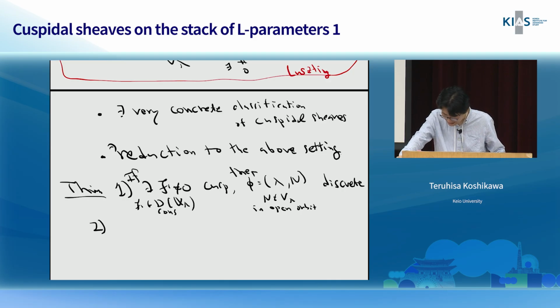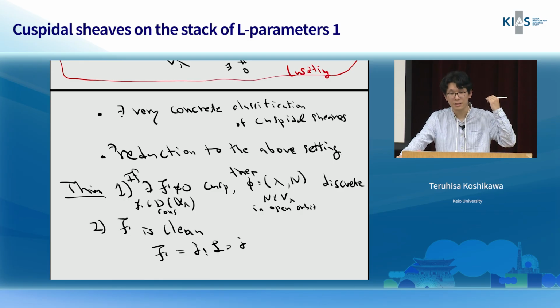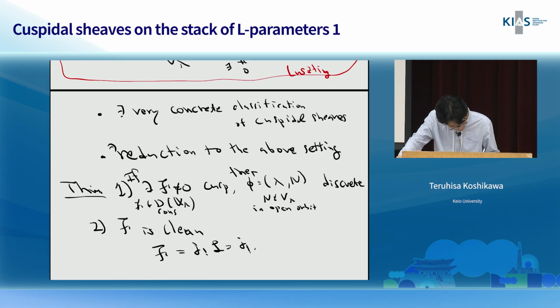I want to finish, but yeah, and then in this case, F is clean. Namely, F is like an extension in any possible way. So it's a shriek extension, intermediate extension, and star extension, any of that.